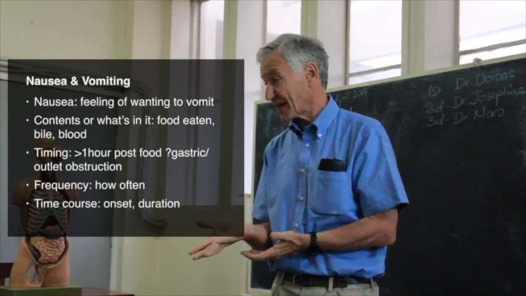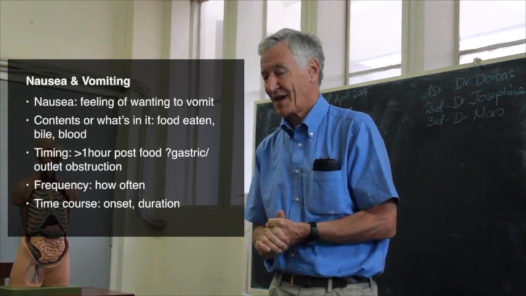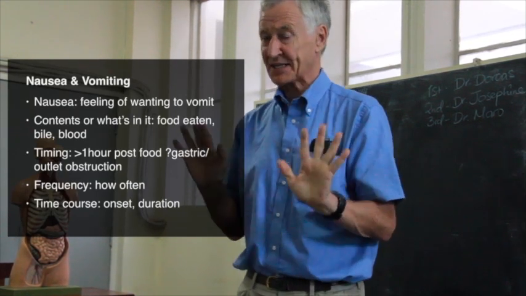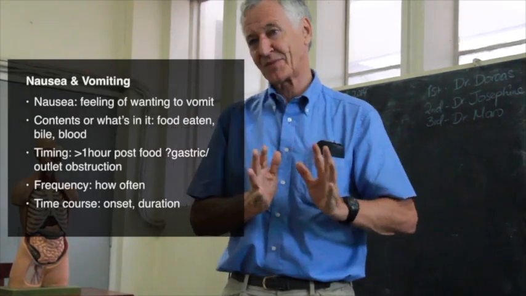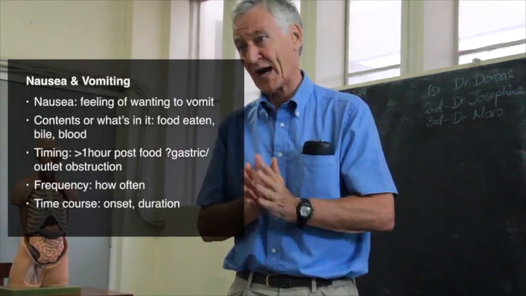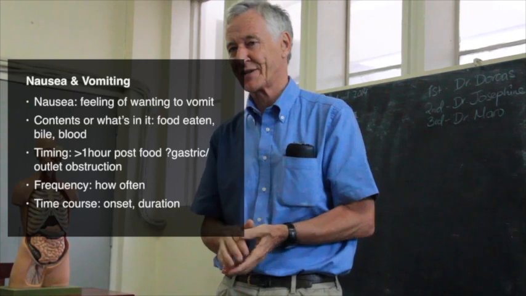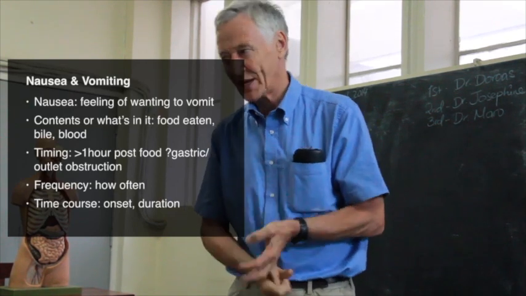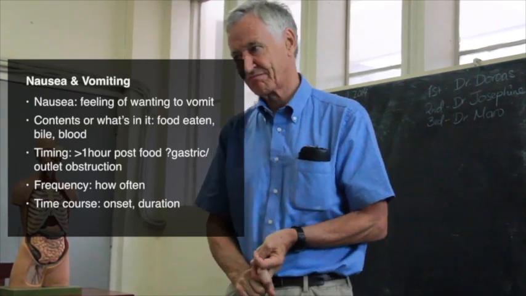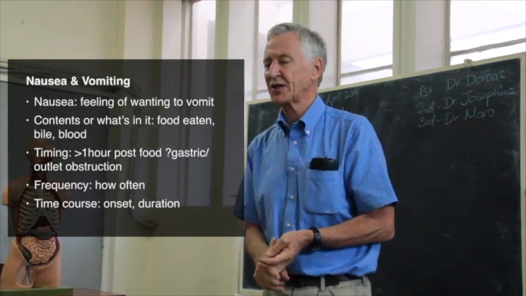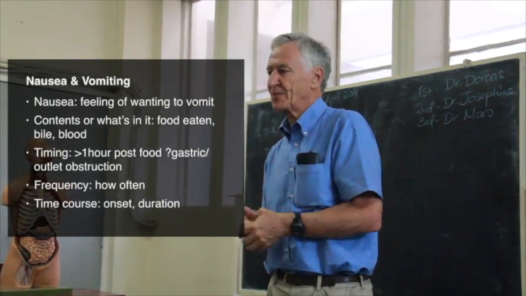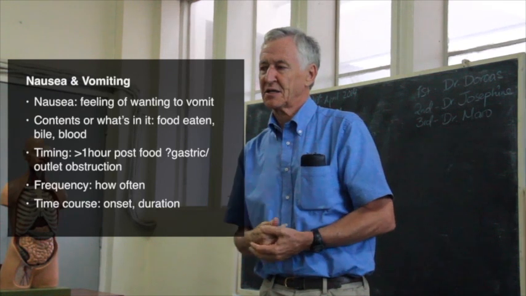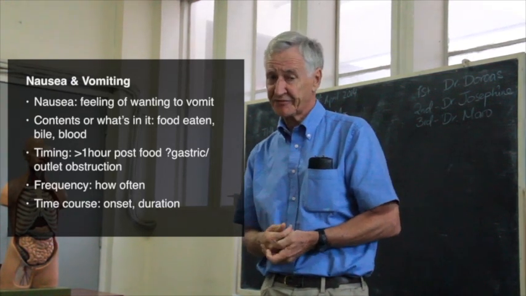If there's blood in it, then it's hematemesis. And of course, with all these symptoms, you have what's called a time course, an onset, a duration, a frequency.